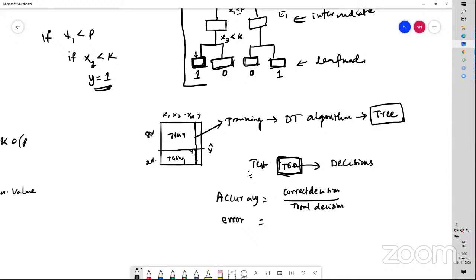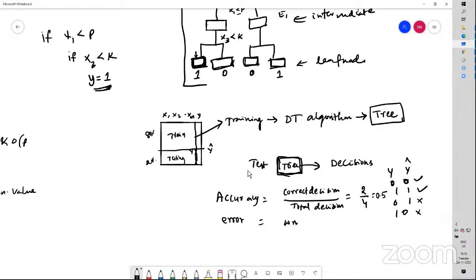So for example, if you have y and y hat like this, 0, 0, 1, 1, 0, 1, 1, 0. These two are correct decisions, when the original value is the same and the decision given by the tree is also the same. These two are correct decisions, but these two here are wrong decisions. So our accuracy here is 2 divided by 4. Total decisions made is 4. Out of them, 2 are right. So our accuracy is 0.5.